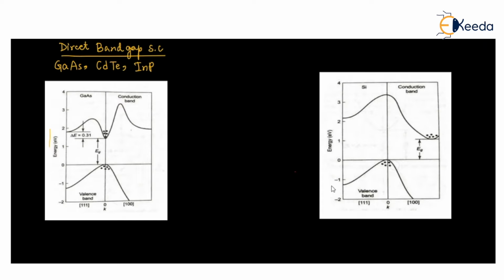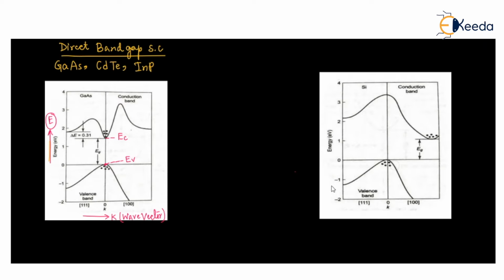In this case, we have plotted energy on the y-axis. This is the kinetic energy that we have already discussed in Gunn diode part 1, and on the x-axis we have plotted the k vector, that is the wave vector. This is a direct bandgap semiconductor because this is the EC value and this is the EV value.